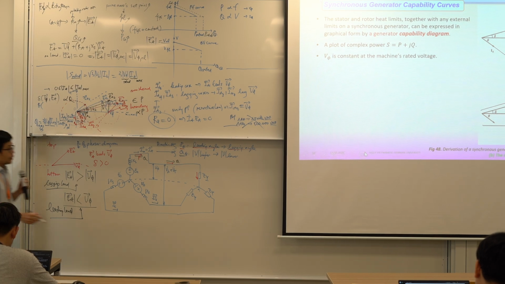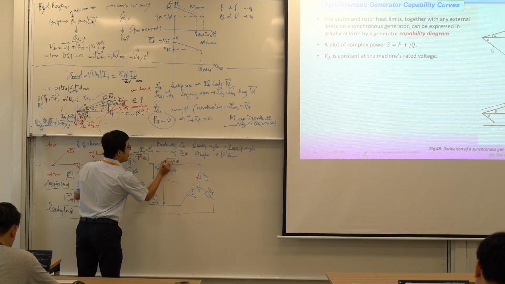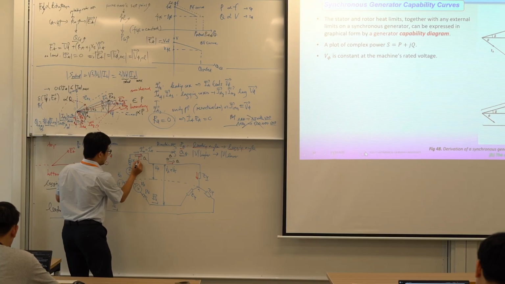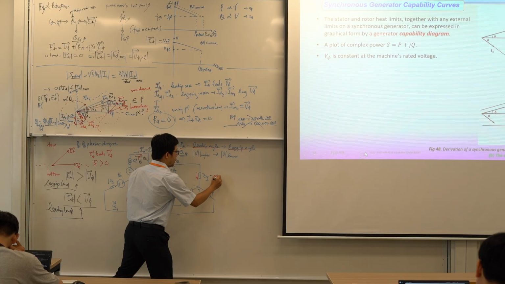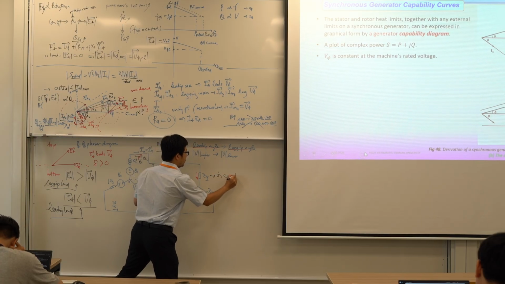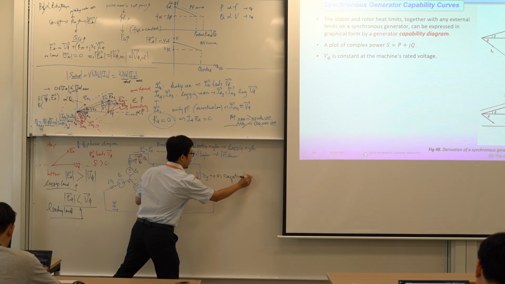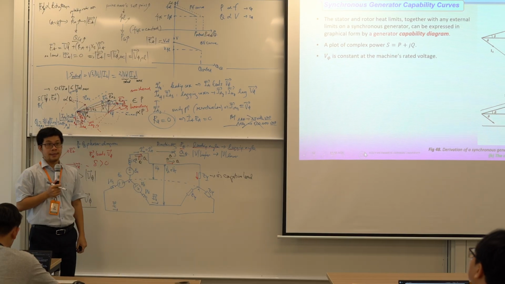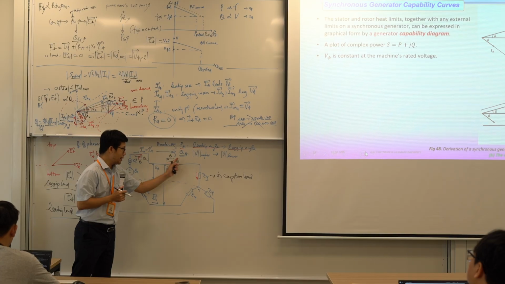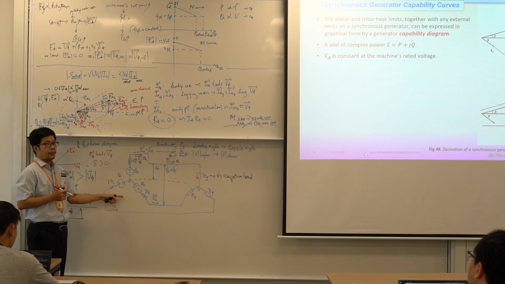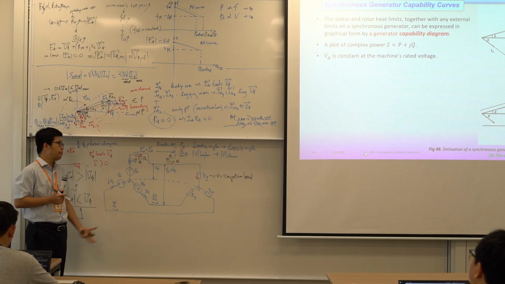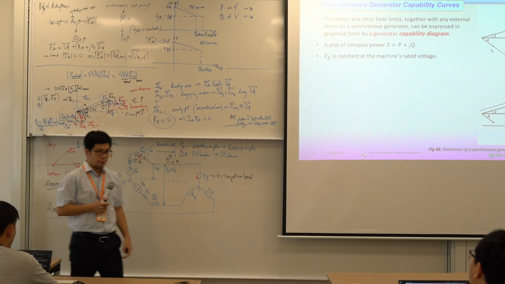Okay? So Q will come back to the generator, that's why a capacitive load. But we don't want to get this situation because if Q is coming back to the generator, we have more and more thermal and boom, goodbye synchronous generator.